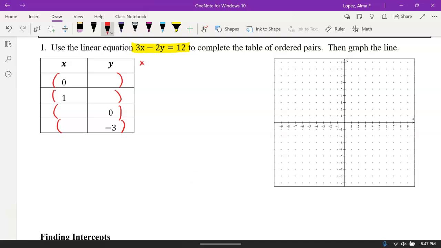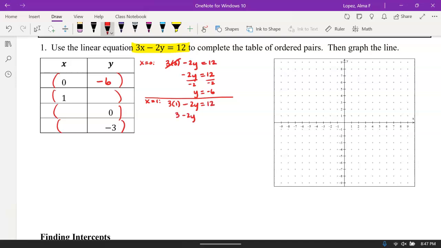Here's the first one. If I plug in an x of 0, it's going to say 3 times 0 minus 2y equals 12. 3 times 0 is 0, so we get negative 2y equals 12. After dividing both sides by negative 2, we get y is equal to negative 6. If we plug an x of 1 in, we get 3 times 1 minus 2y is equal to 12.